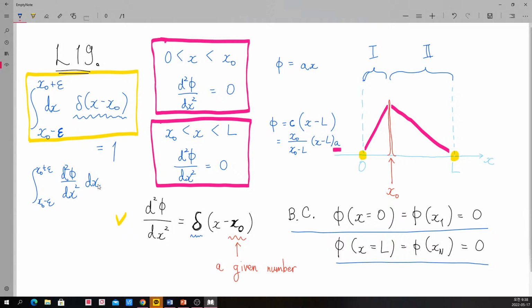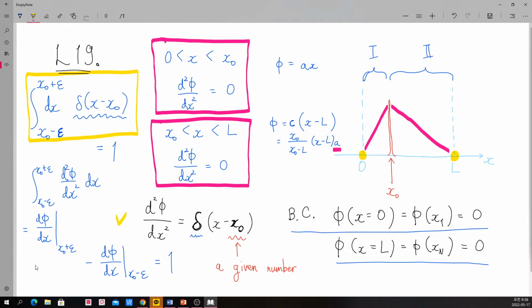Then you know that this will give us simply the difference of our first derivative evaluated at x naught plus epsilon and x naught minus epsilon. And also the right hand side gives us just number 1.